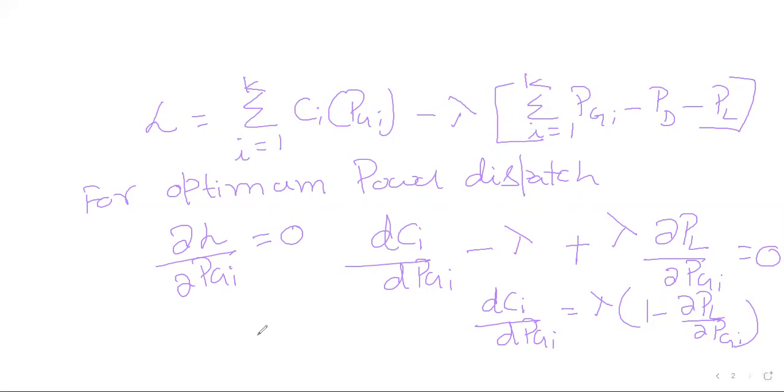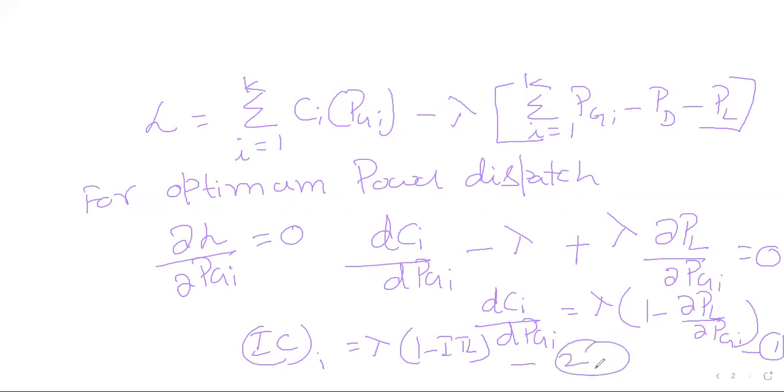Or in other words, this dCi by dPgi is called the incremental cost of the ith plant, and it is equal to lambda into 1 minus ITL. What is this ITL? It is called the incremental transmission loss.